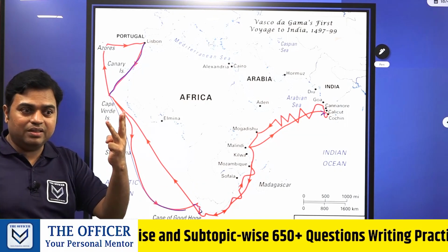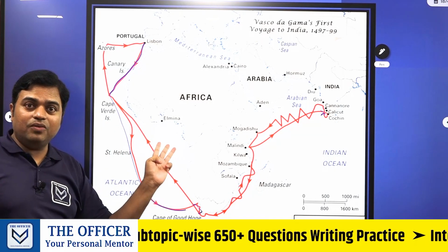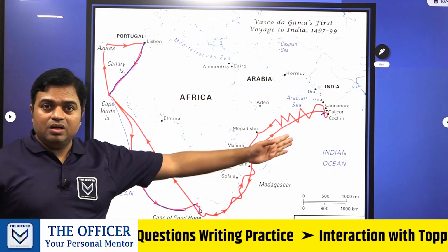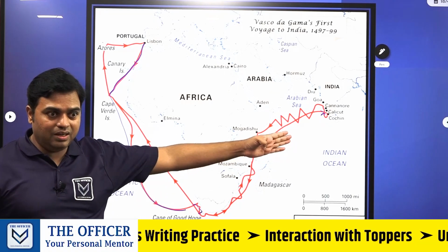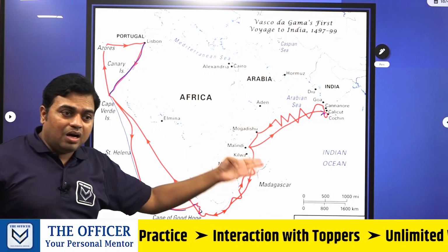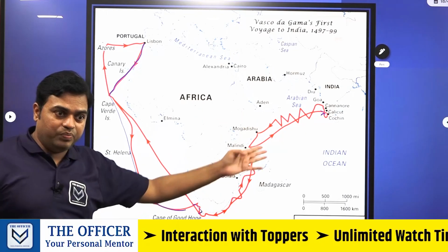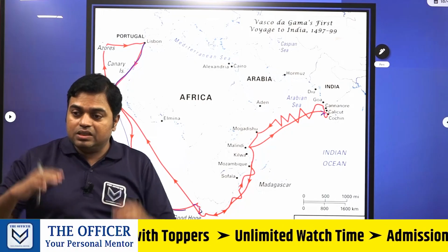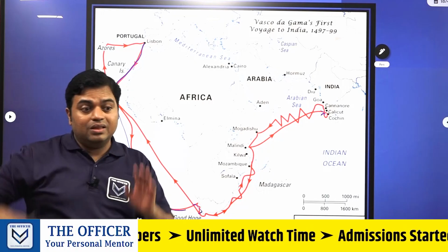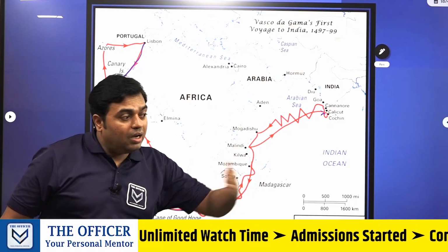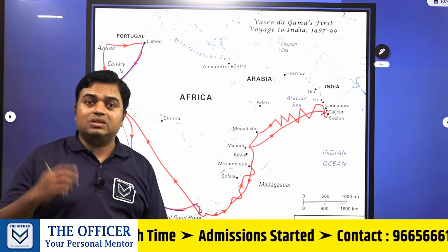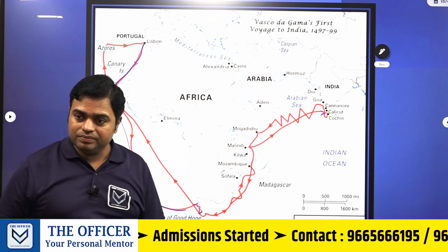Third thing. Okay, look carefully: because the long route trade started here, the risk also increased tremendously. So the risk in sea trade always remains higher than the risk in land route trade. Okay, now somebody has to take that risk.